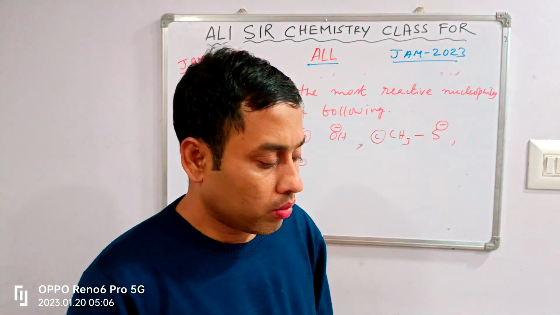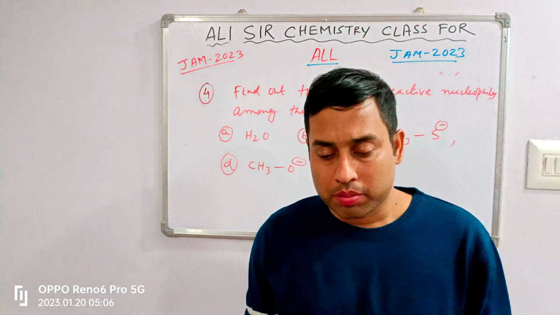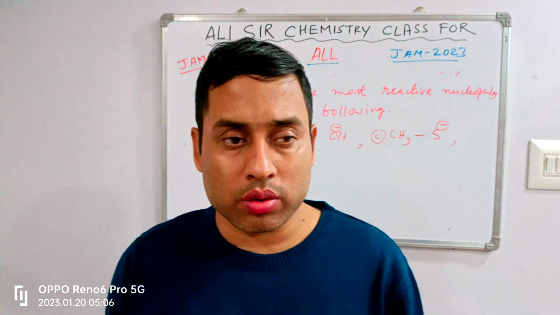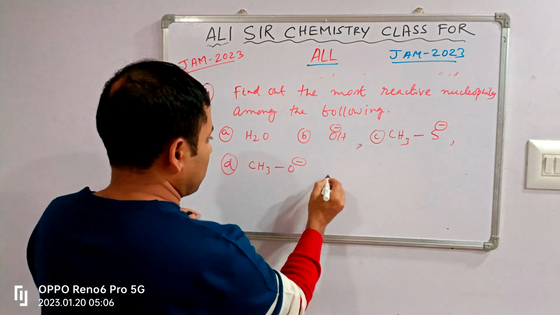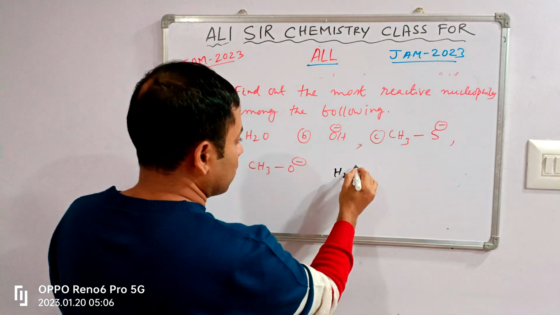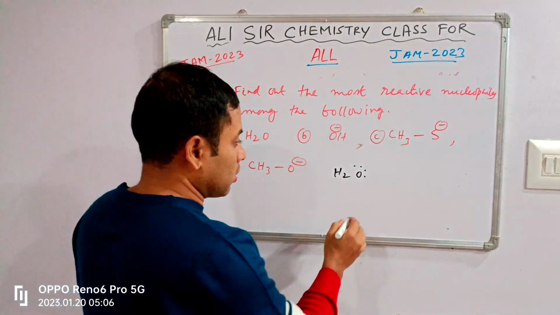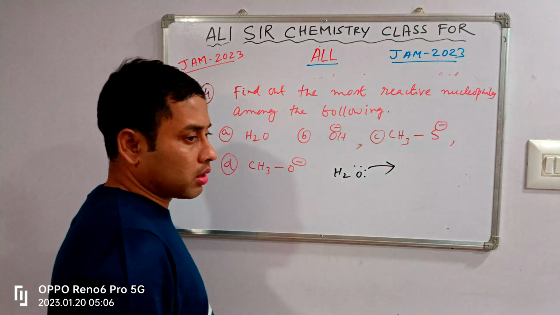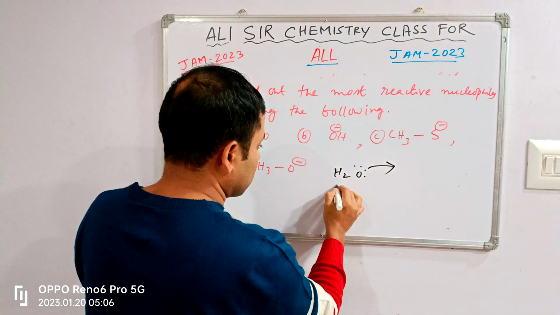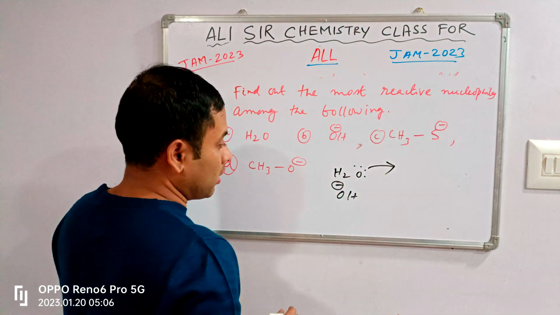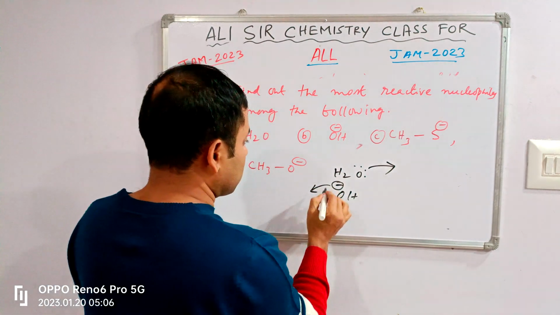So two things come here. When a nucleophile is taken, we have to see which center is donating the electrons. Just see here, the water molecule is a neutral molecule, but the oxygen atom contains a lone pair of electrons, so it will donate this electron pair and act as a nucleophile. The second one, OH minus, is also a nucleophile because it contains a negative charge, meaning an extra electron is present here. This is the donor center.